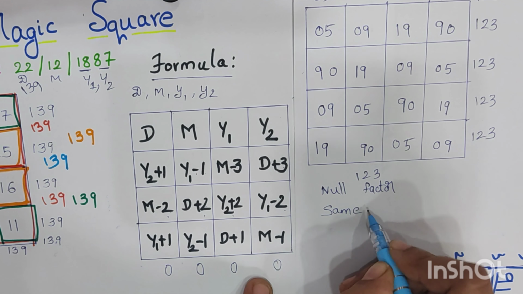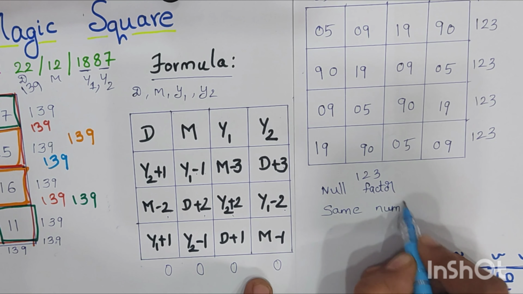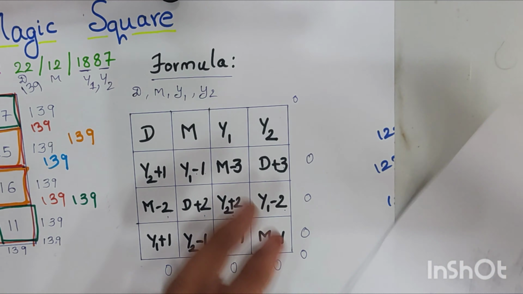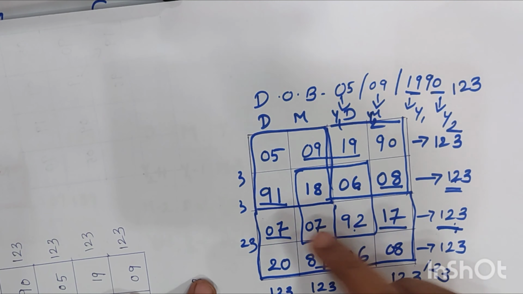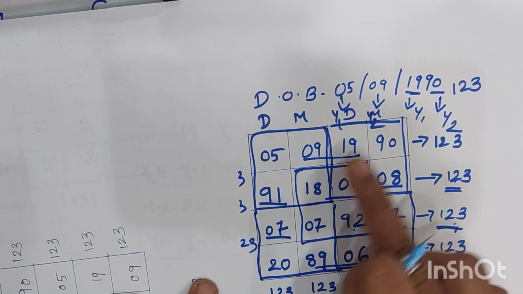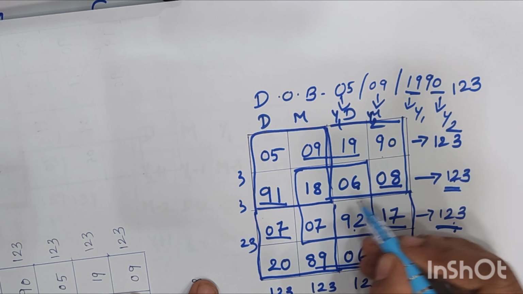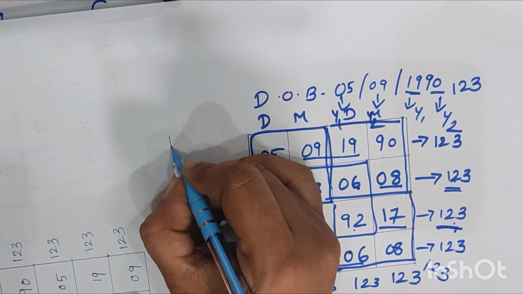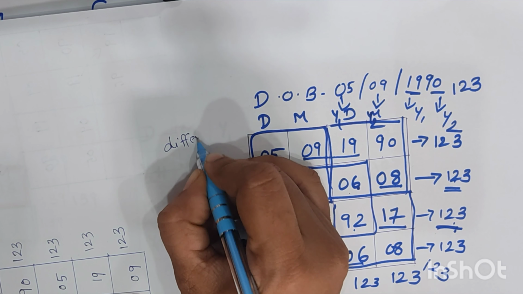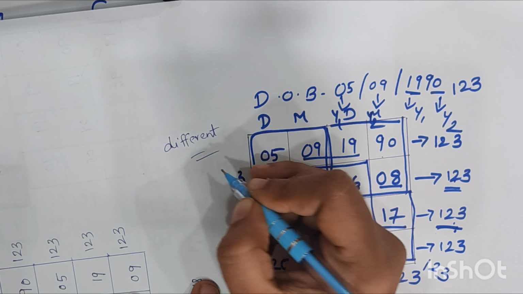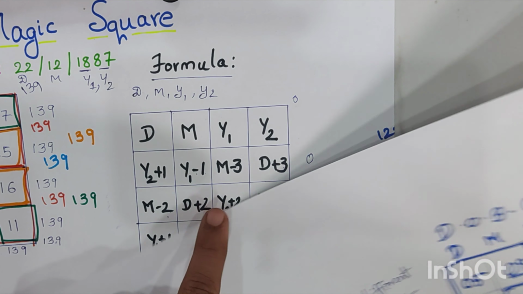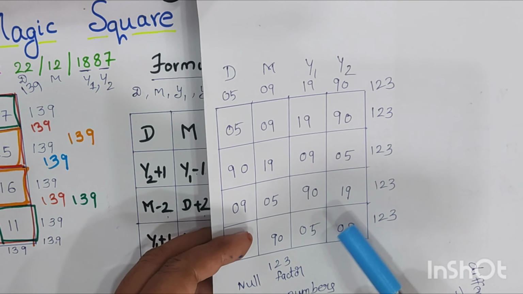Okay, and in any method we are getting the same total, that is our magical number. So for 5, 9, 19 and 90, the magical number is 123 through any direction, that is from the columns or from the rows, and diagonal directions, or if we calculate the squares that are present in the magic square, we are getting the same magical number, that is 123.